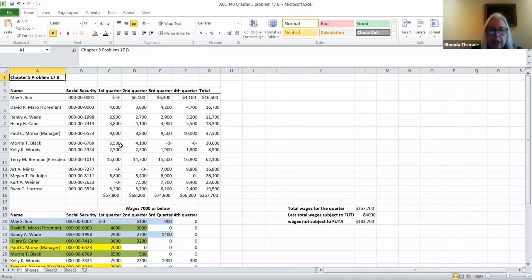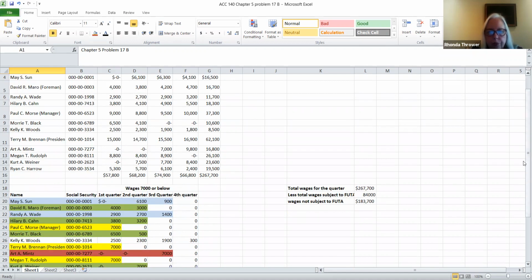And for Maury Black, $6,500 was taxable in the first quarter. Only $500 of the $4,100 would be taxable in the second quarter. For Kelly Woods, you remember that in the state unemployment, we figured that she had been paid all 3 quarters and only $300 would come from the fourth quarter. So the fourth quarter is only $300 here for Kelly Woods.